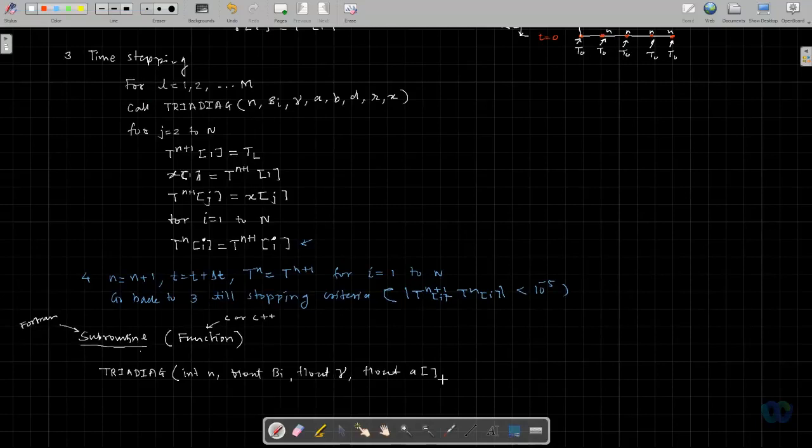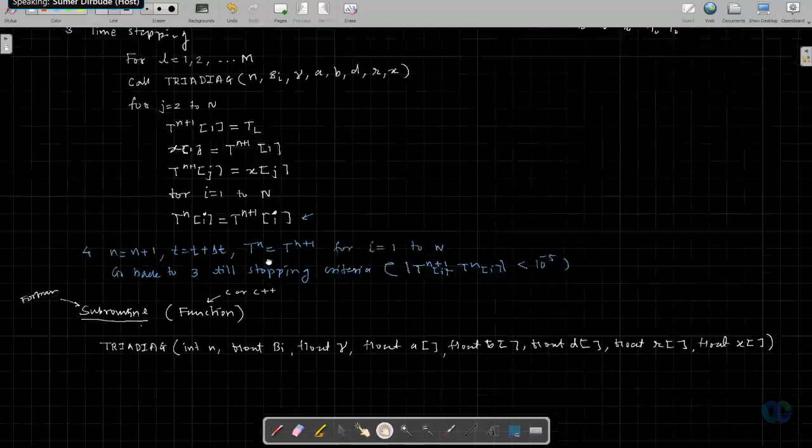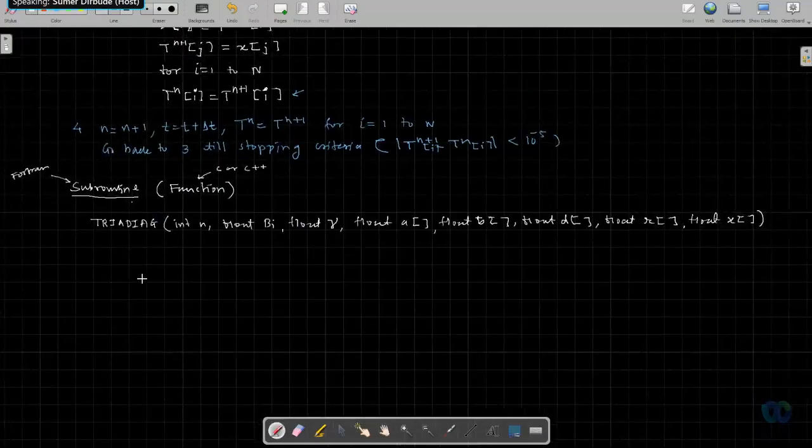A array, float B, float D, float R, float X. Okay, close it. And then here in this function, all what we are doing is we are writing all pseudocode.